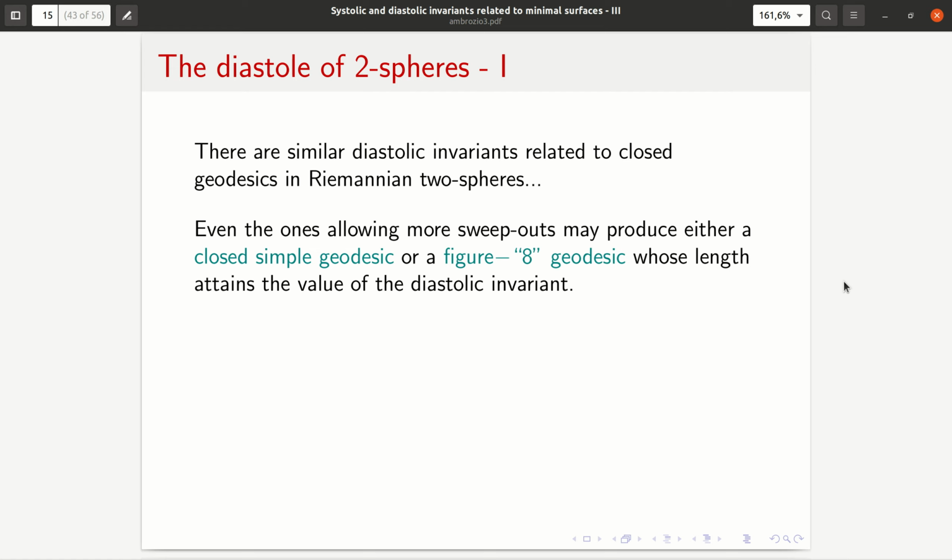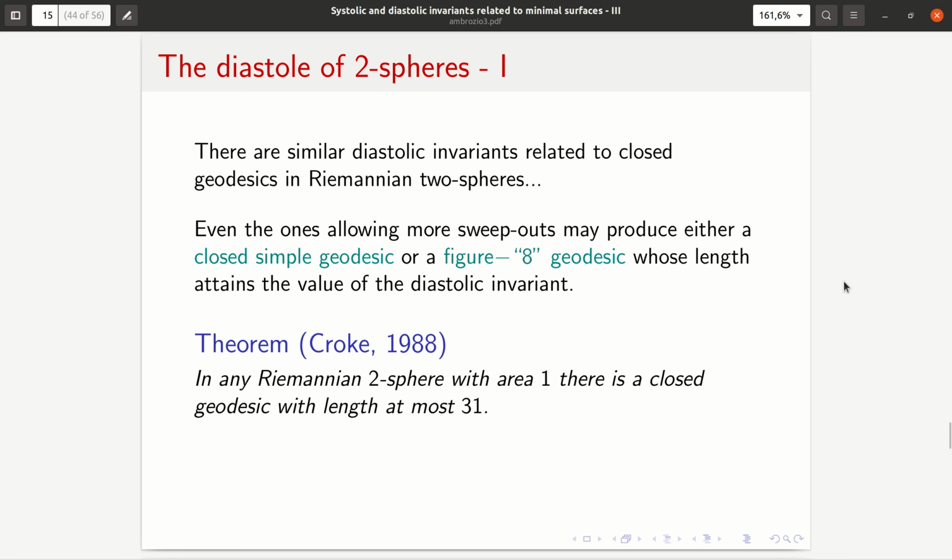Okay, so we have a notion of diastole. It is realized, but not necessarily by a closed simple geodesic. It could be a geodesic with self-intersection. But that's not all bad. By estimating the maximum length of sweep-outs and using what I just said, Croke showed a diastolic inequality.